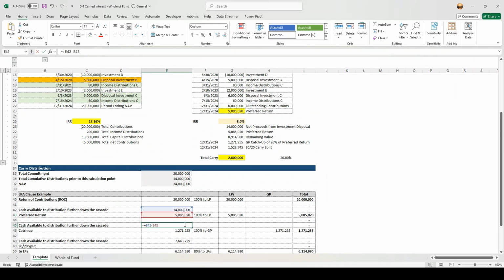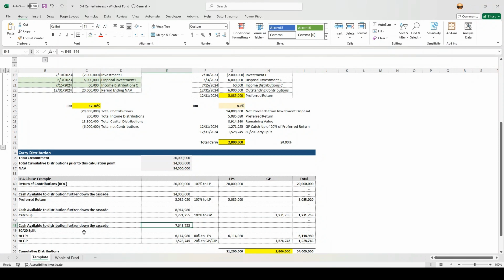And then after that, we have $8.9 million cash from this distribution, and the GP is going to get the catch up. And the third distribution here, we're going to have this 80-20 split. Based on the remaining value, 20% of 7.6 million, GP would get 1.528.